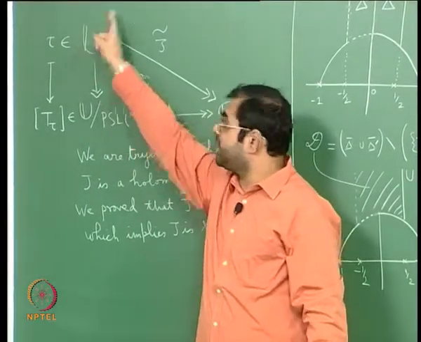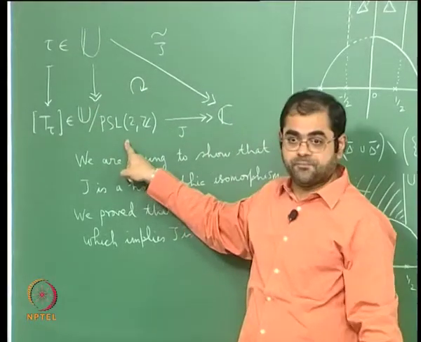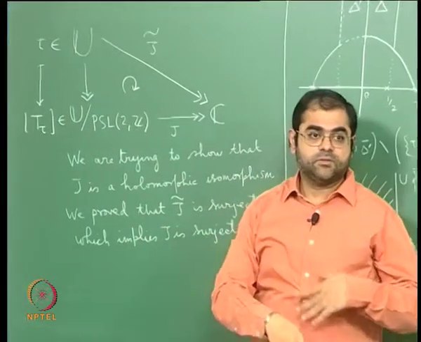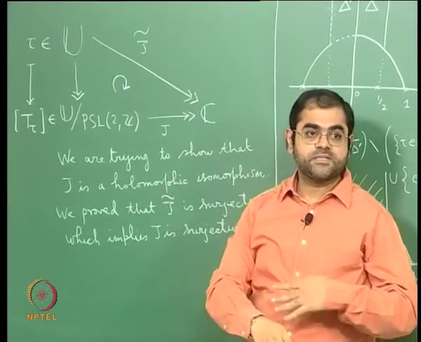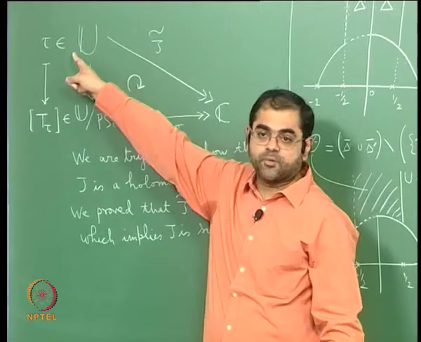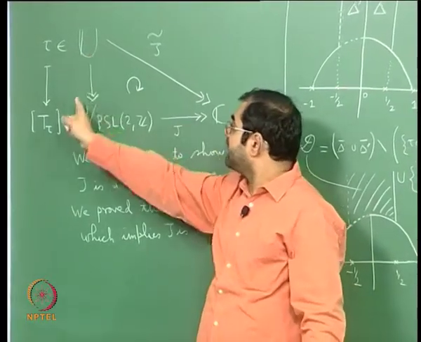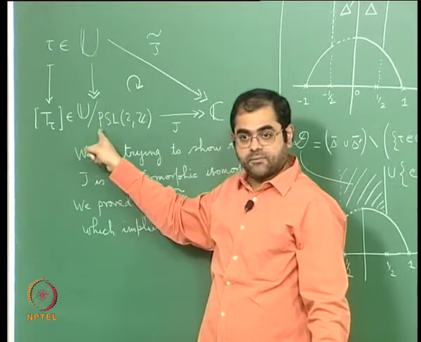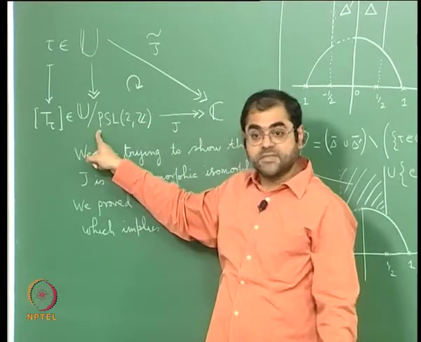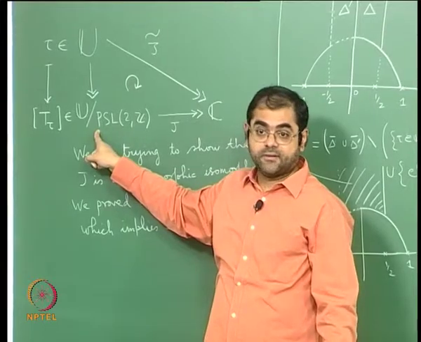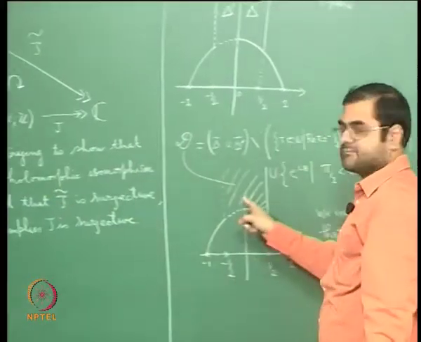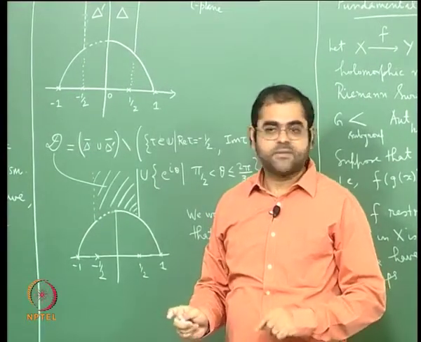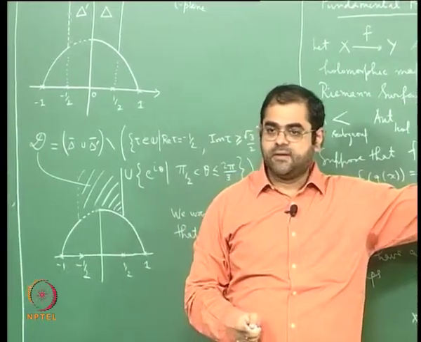Of course what is acting on top is PSL2Z, which is a subgroup of holomorphic automorphisms of U, which are all PSL2R, and PSL2Z is just a unimodular subgroup. And the fact is, for this surjective holomorphic map, the fundamental region is actually this D. That is the theorem that we are going to prove.